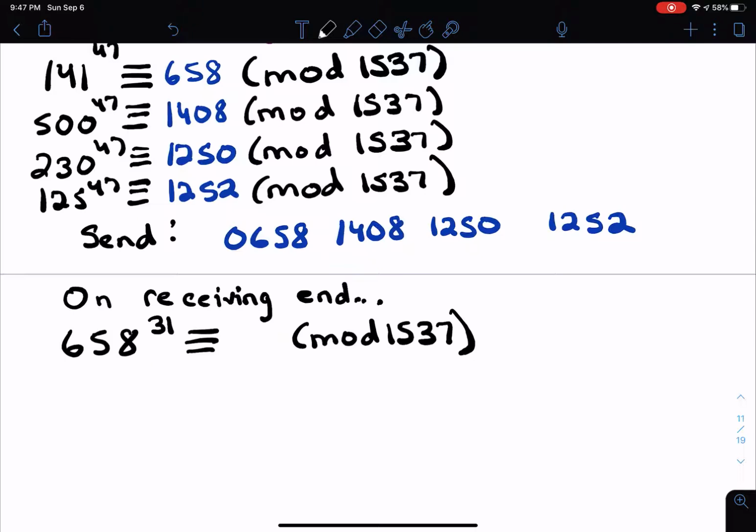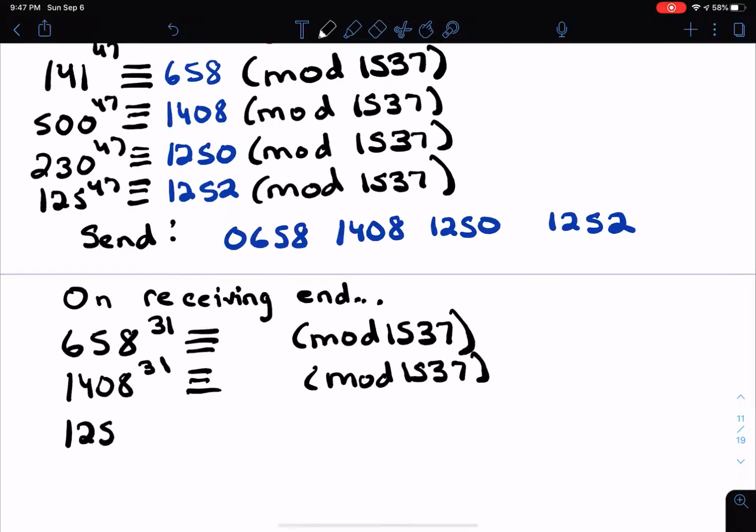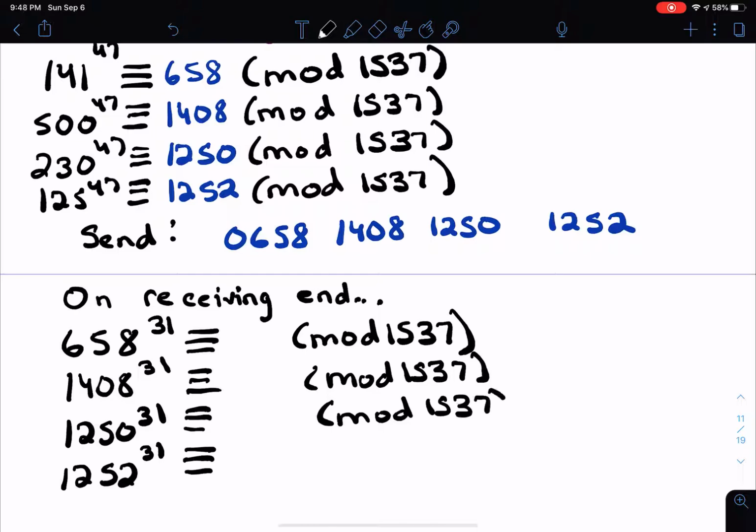You could take the 1408, raise it to the 31st power, and see what that's congruent to. The 1250, raise to the 31st power, and the 1252, raise to the 31st power. All that would be mod 1537 still, the enciphering modulus.